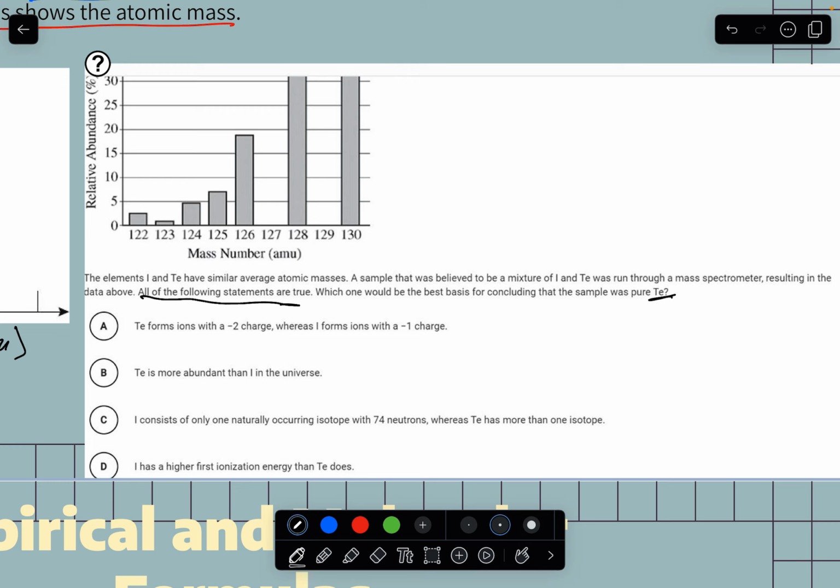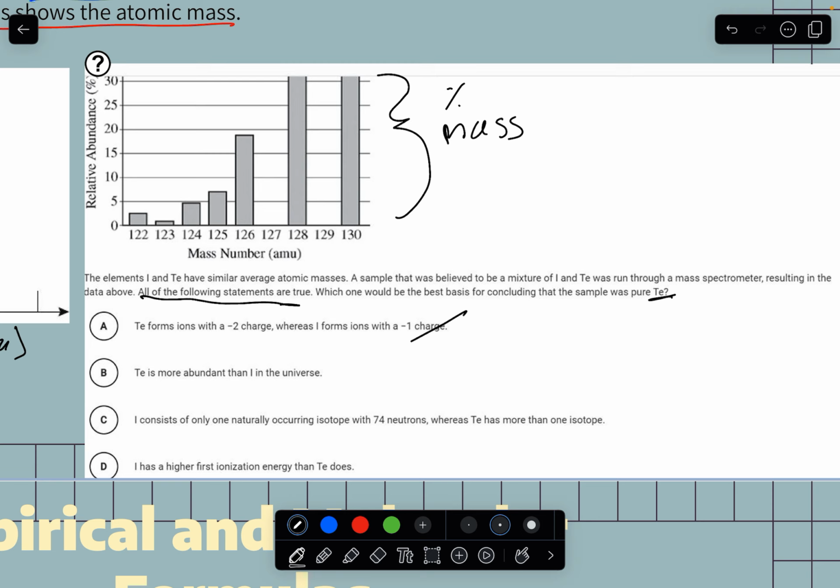So for A, tellurium forms ions with a -2 charge, whereas iodine forms ions with a -1 charge. Although that's true, with this graph, the mass spectrometry, we aren't looking at charges. We're looking at percentages, and we're looking at mass. So although this is true, it has nothing to do with our graph.